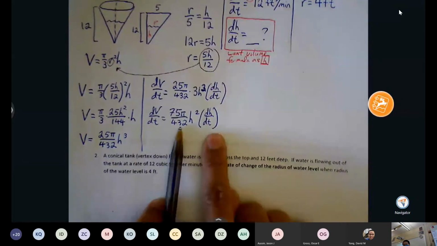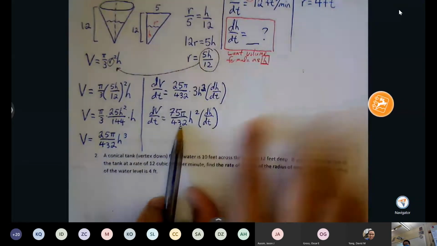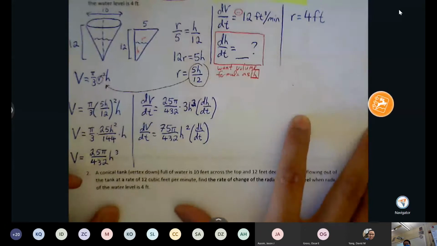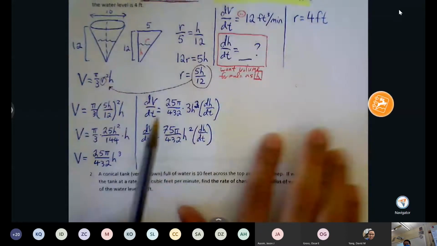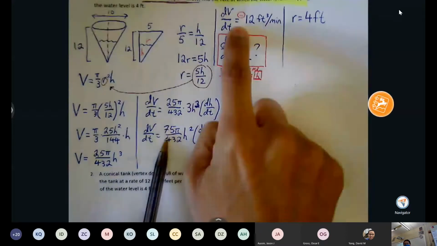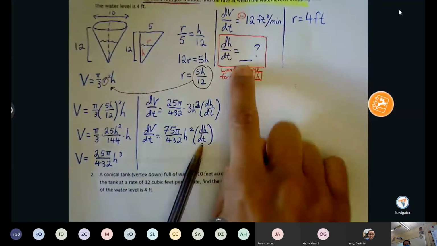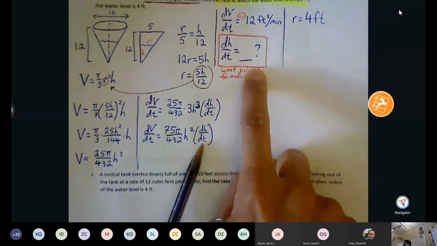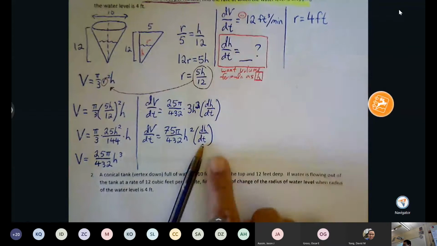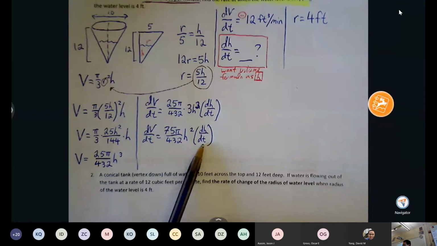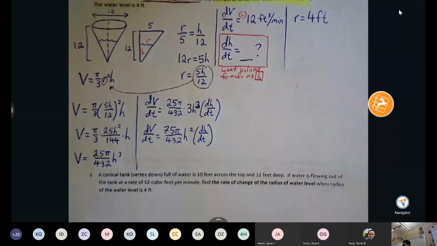Okay, good so far. So if we try to plug in, right, the negative 12 fits in nicely for dV/dt. We want to solve for dh/dt, so it's good that the dh/dt showed up. But there's something that we don't quite have. We don't have h.